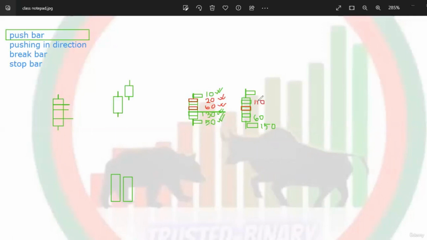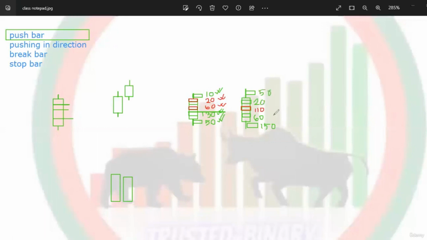Okay, and I'm sorry, a little below 110, and here like by the buyer side 20, here like 50.